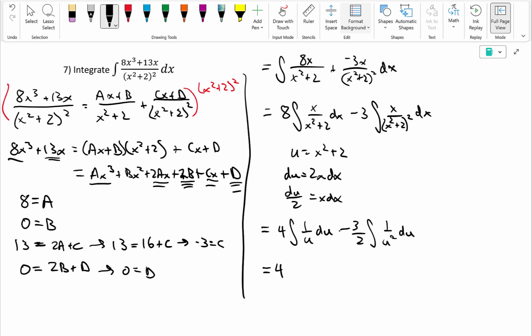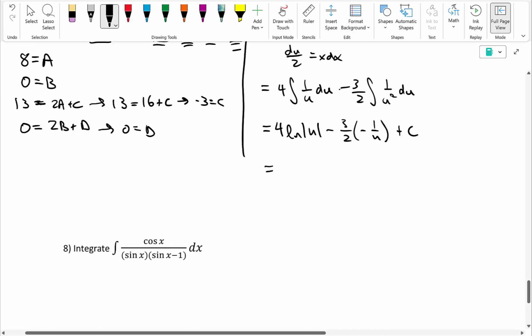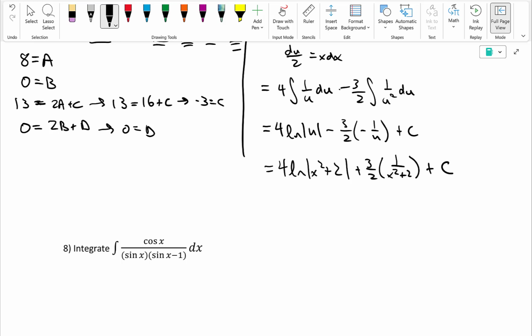So the first one, we get 4 times the natural log of absolute value of u, minus 3/2 times minus 1 over u, and then our plus c, and then subbing in for u. So 4 natural log of (x^2 + 2) minus 3/2, well, we can put it as plus 3/2 times 1 over (x^2 + 2), plus c. All right, and the last one.